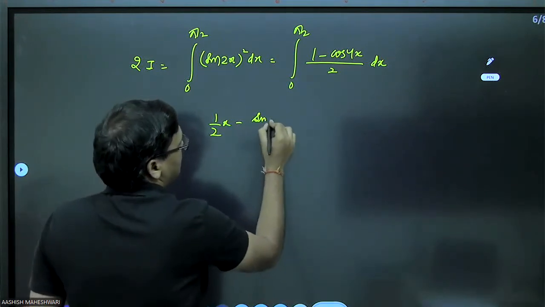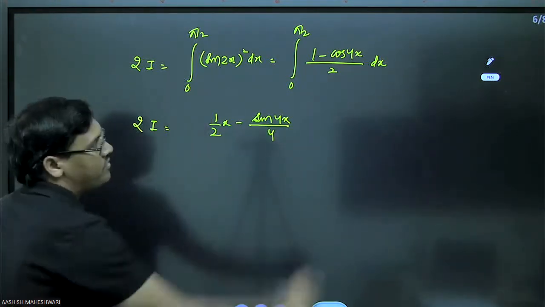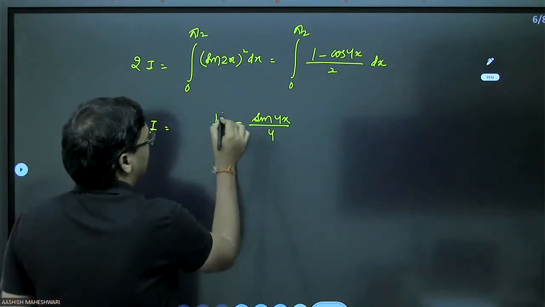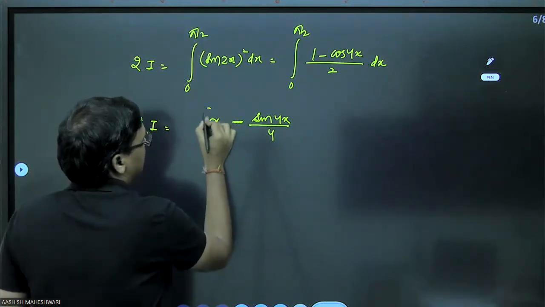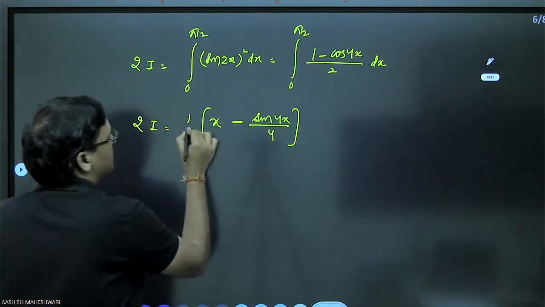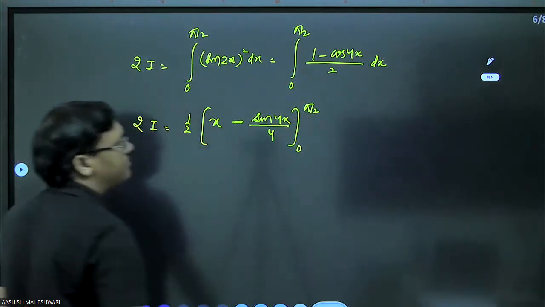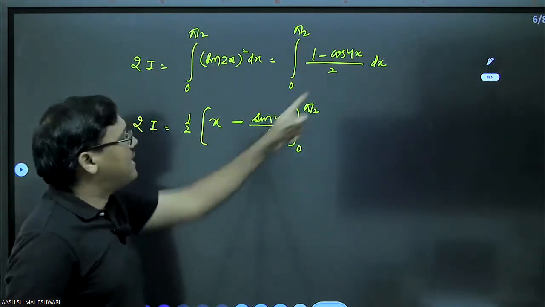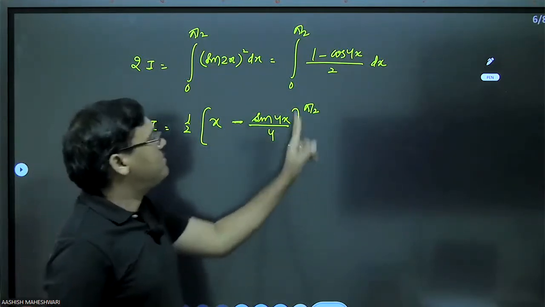This is sin 4x by 4, and I can take this 1 by 2 outside. That is not an issue. So this is 1 by 2 outside, x minus sin 4x by 4, limits 0 to pi by 2. I hope this is clear.